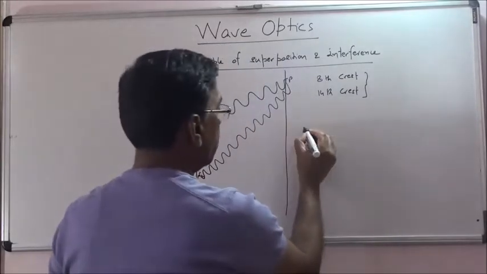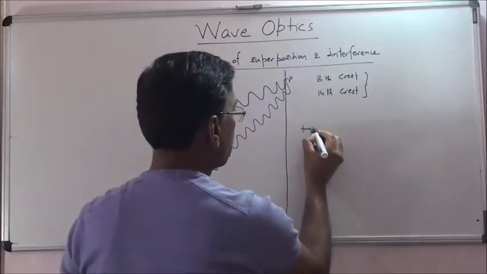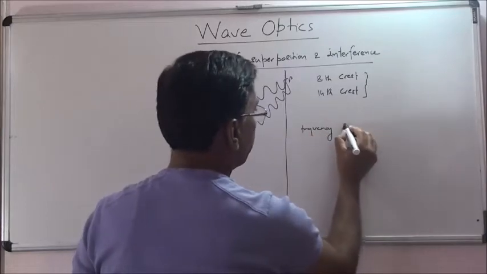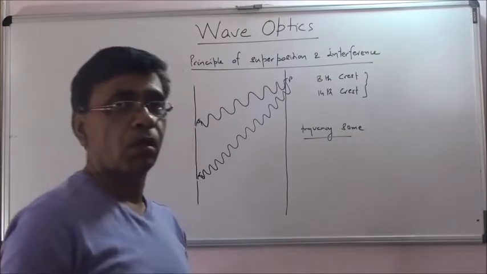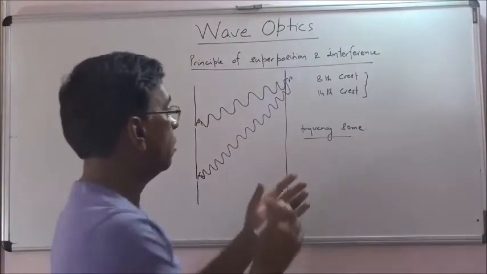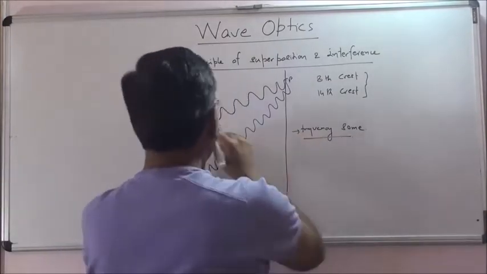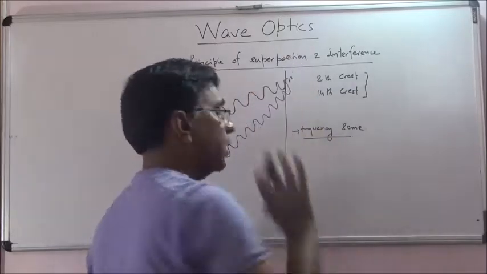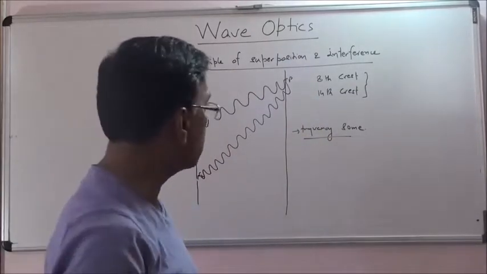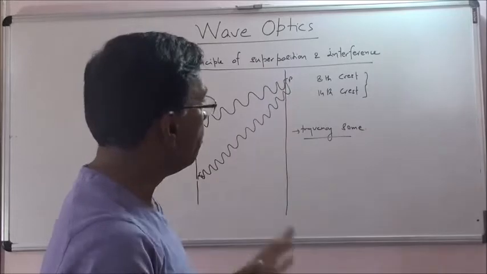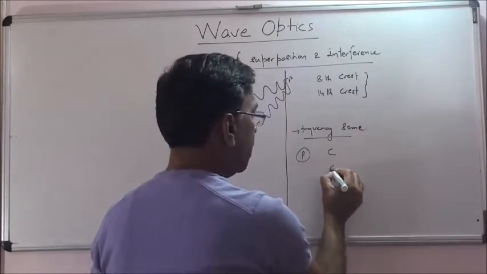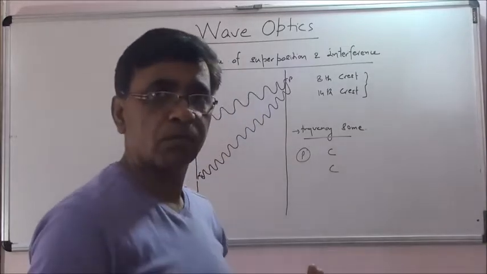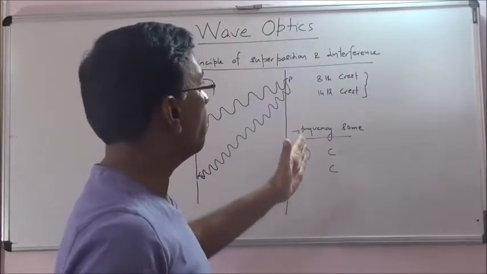We have taken the frequency of the two waves as same. Two conditions I am taking: frequency same and this situation is not changing. Means at P we have a crest due to one and a crest due to the other. This is the situation. What will happen?